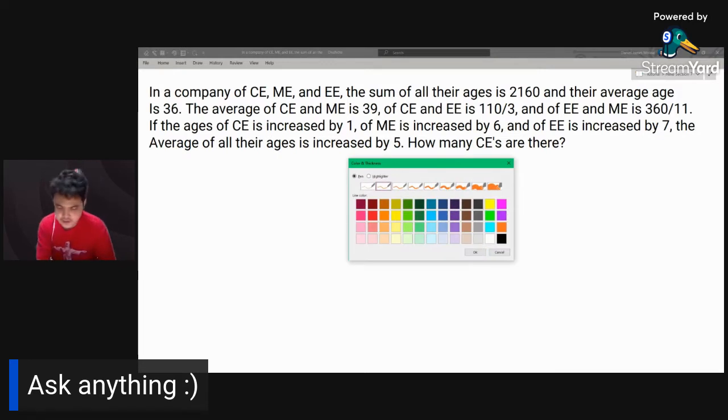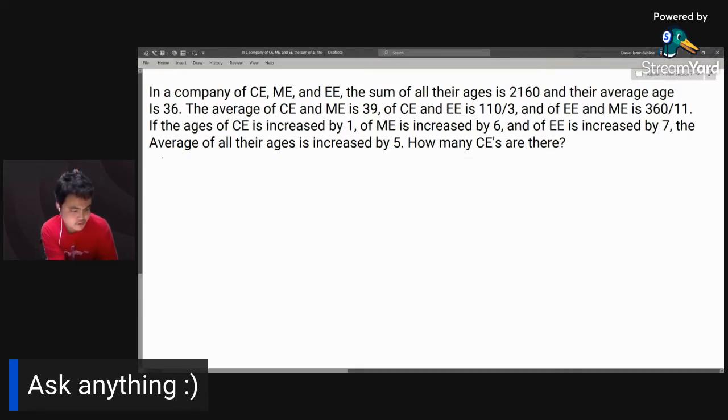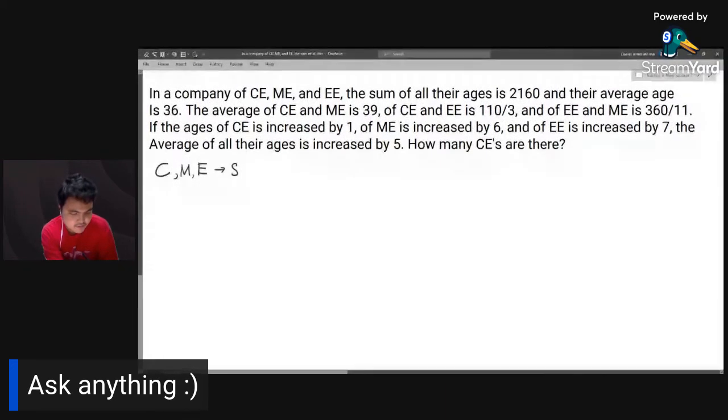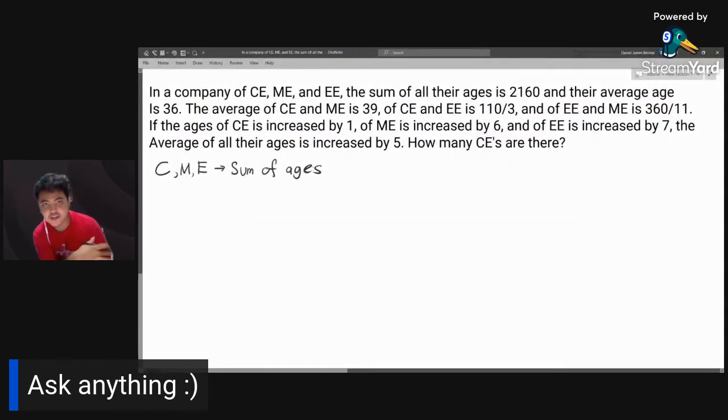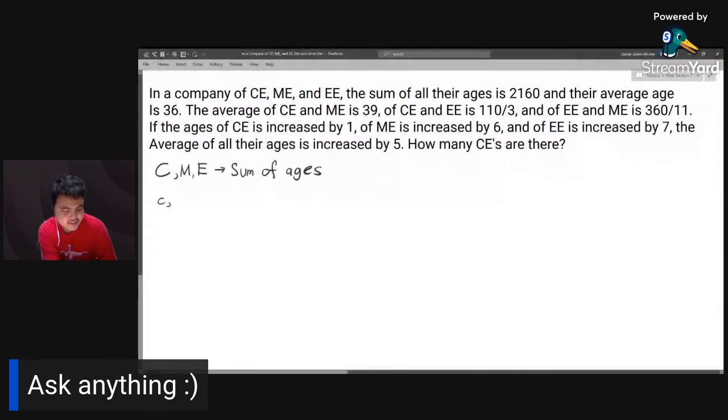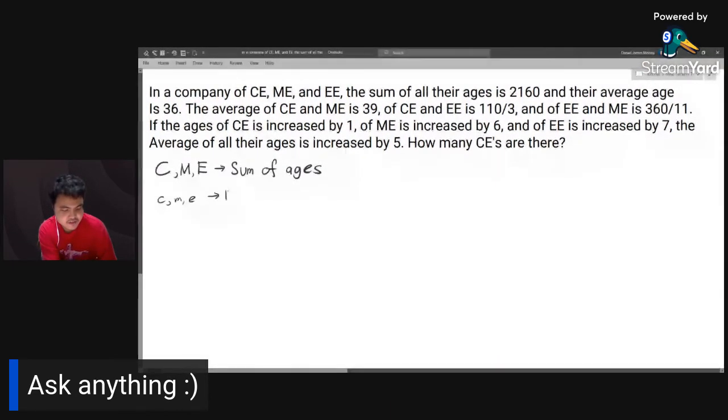So, pagpalagay na lang natin na C, M, tsaka E, ito ay yung mga sum of ages, no? Sum of ages for CE, ME, and EE. Then, small letters. Ito naman yung number of members.